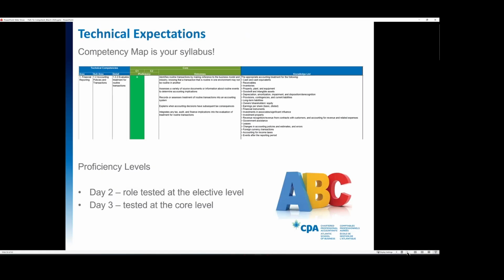From a technical perspective, make sure you watch that stress management piece. Pull out that Excel spreadsheet. Create the ones I recommend, because remember that for day 2, you're going to be tested at the elective level. For day 3 and day 1, you're tested at the core level. Sort it. Focus on proficiency level A, then B, then C.